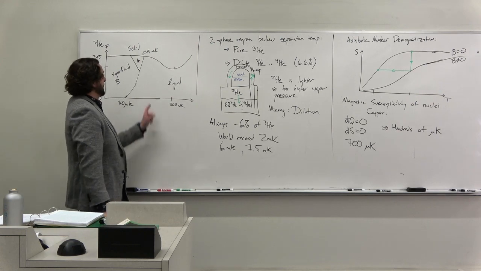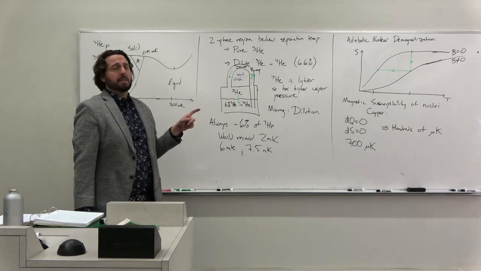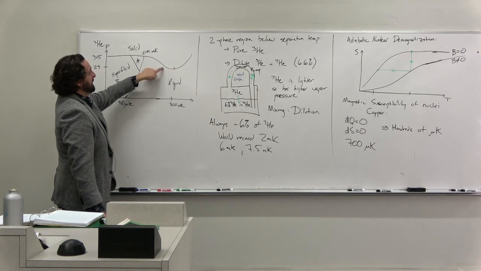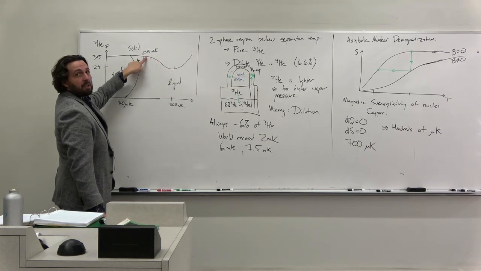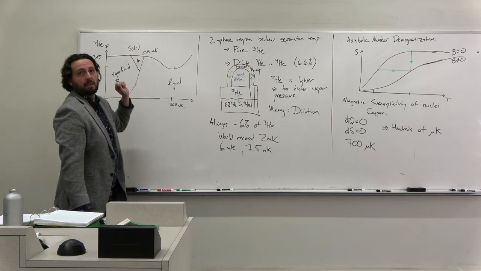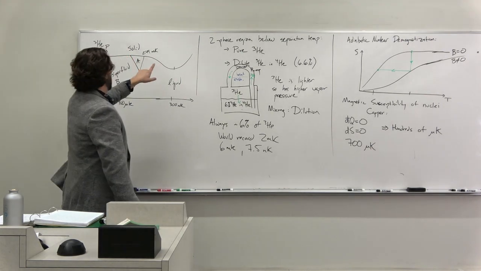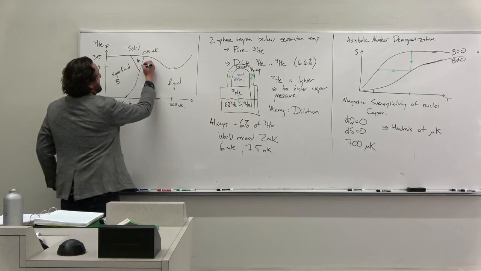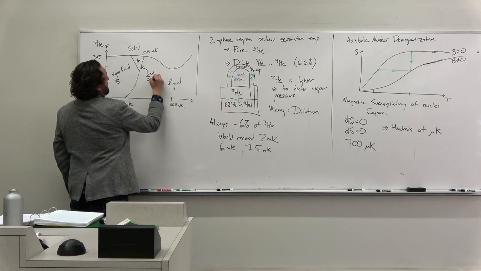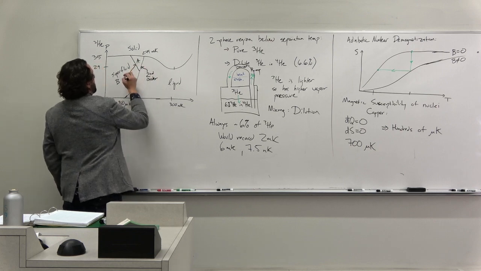And so the way superfluidity was discovered in 1971, 1972 by Osheroff, Richardson, and Lee is they were following this liquid-solid coexistence curve, and they saw little jumps and kinks in this curve, right? And that's because this one is a second-order phase transition, and this one is a first.